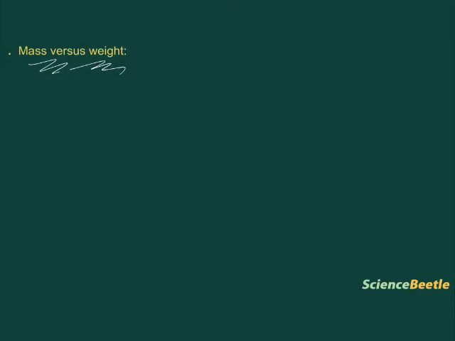Okay, so let's begin by defining both of these terms. Let's begin with mass, and so mass is going to be the following. Mass is the amount of matter that an object has. Okay, it's pretty simple to get there.